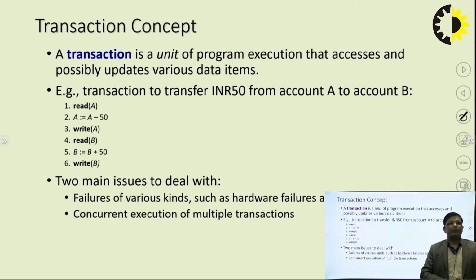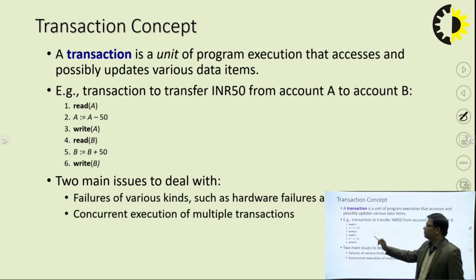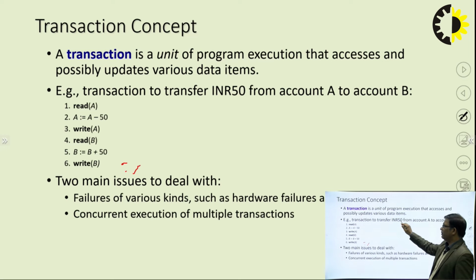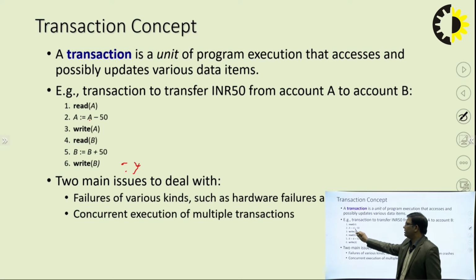For example, if we want to transfer some amount from one account to another account, say the transfer of rupees 50 from account A to account B. First the DBMS will read the initial value of A: read A, then subtract rupees 50 from the initial value of A, that is A minus 50, then write A.